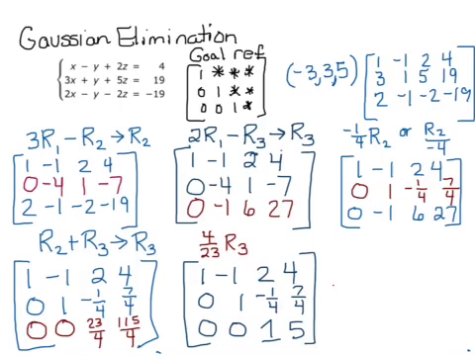So, now, once we have met our goal, meaning our matrix is in row echelon form, now we change this back into a system of equations like our original problem. So remember, first column represents x, second column represents coefficient of y, third column represents coefficient of z, and our answers are in the last column.